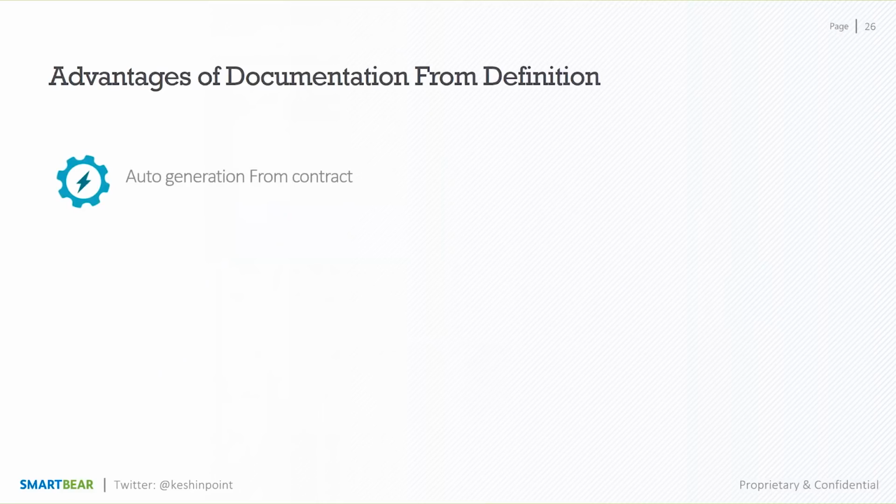One is, from the definition itself, you can auto-generate beautiful interactive documentation. This means your technical writers aren't spending too much time working on making it great, working on updating the documentation. You can get this out of the box, auto-generated from the API definition.